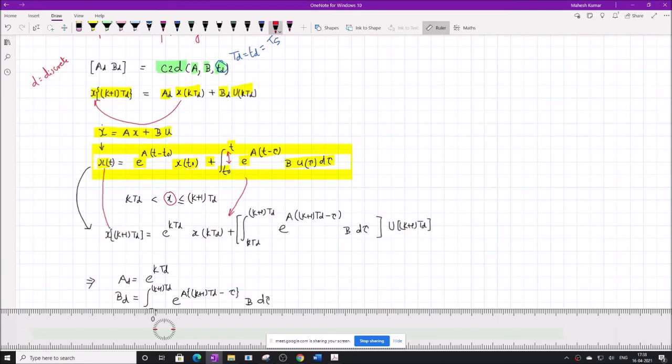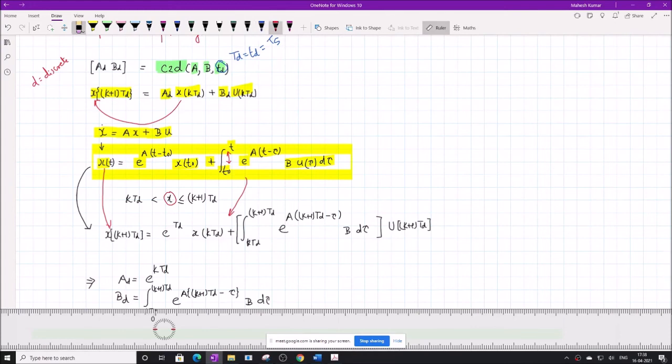x at k plus 1 td equal to e to the power a into td, because this t minus t0 is k plus 1 minus k. So finally it is a into td, not k into td, this is a into td. So please correct it, I have put it slightly wrong here.